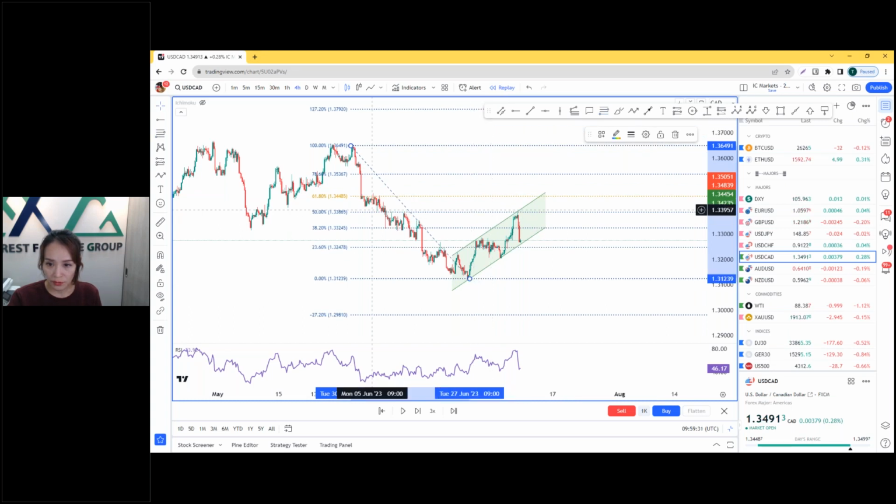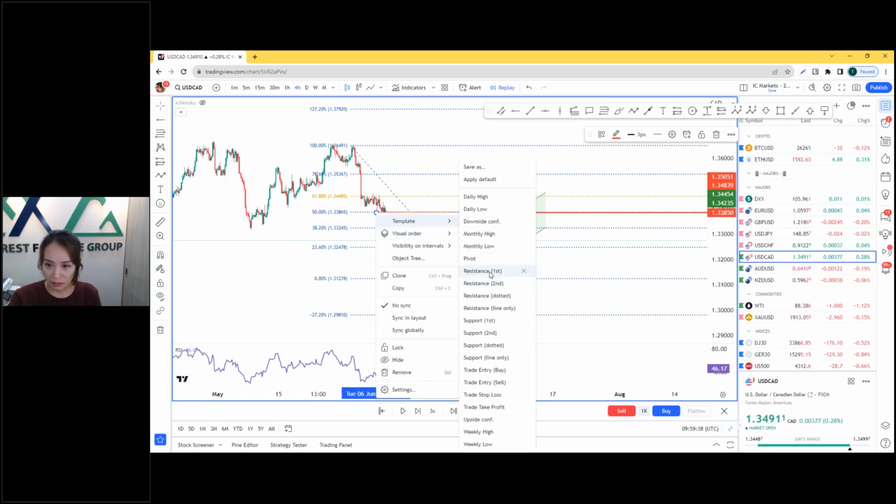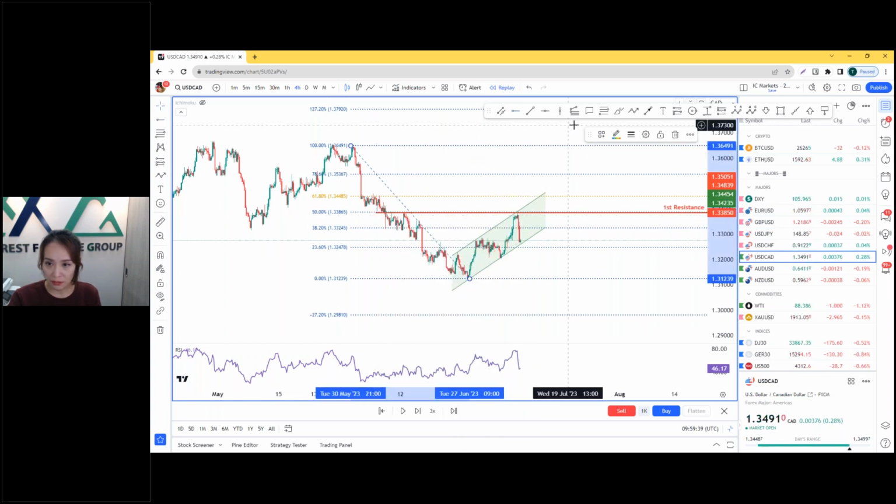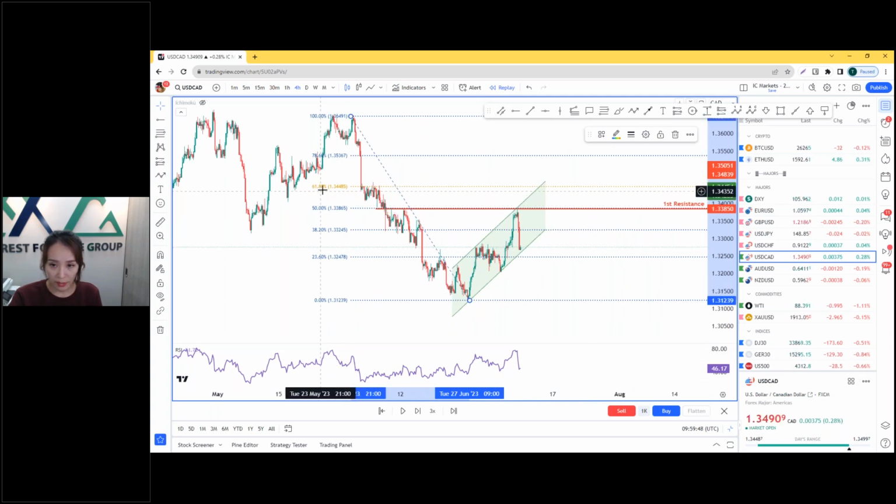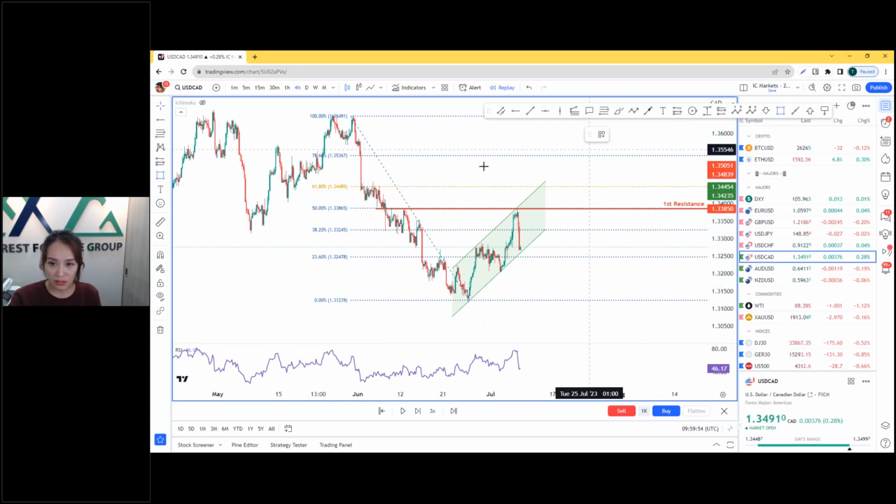Somewhere around here should be my first resistance, because we do have 50%. Why do I choose 50%? I do not choose 61.8%, because 61.8% is just nothing. It's just a very small move over here, like sideways.